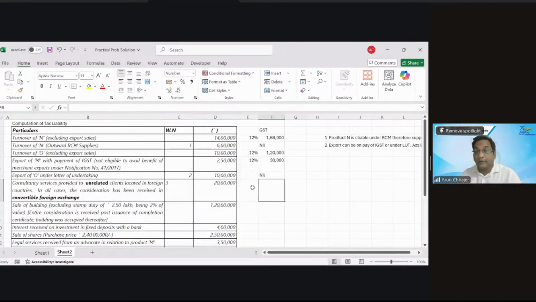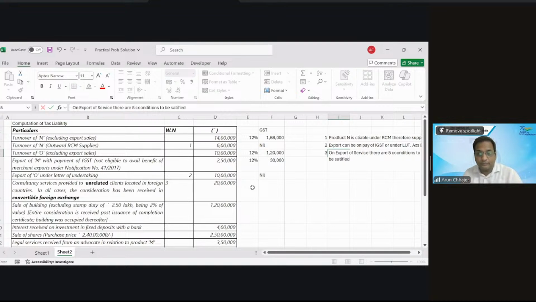Then third point. Third point you like to say on export of service, there are 5 conditions to be satisfied. Correct?